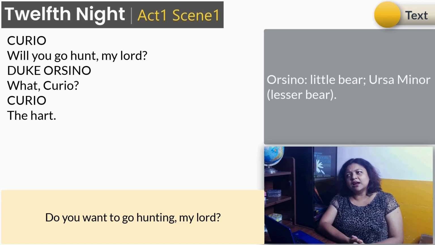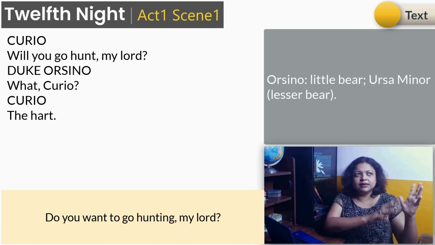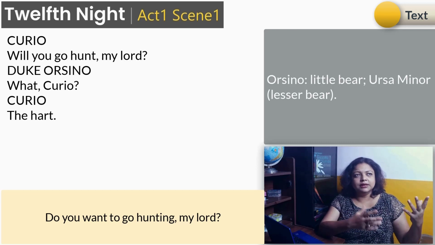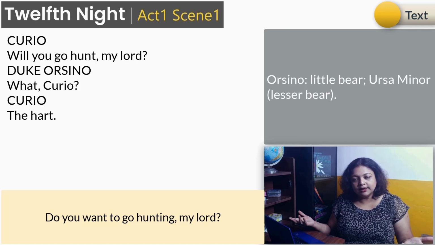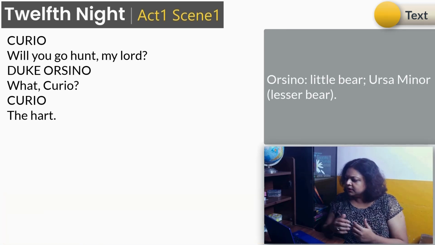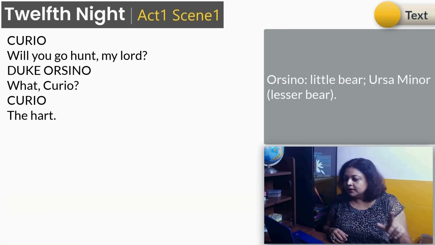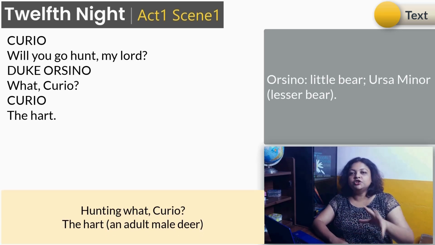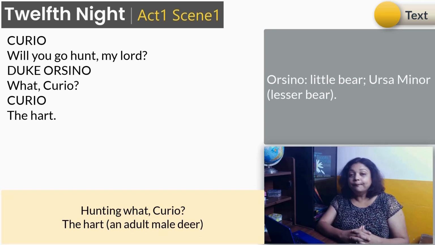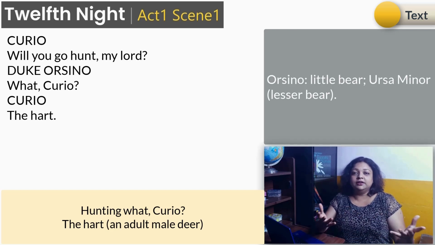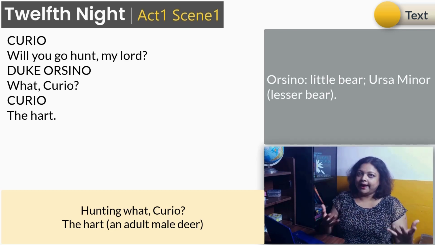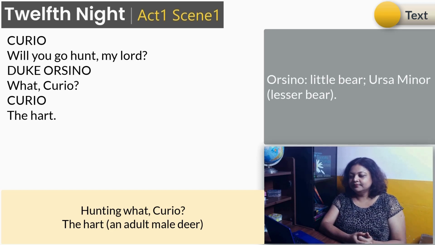Duke Orsino is absent-minded. He's thinking about his love and music and all those things, and suddenly Curio asks him, "Will you go for hunting?" So he says, "What, Curio?" "The hart?" So hart is a mature deer, a grown-up male deer, and it was considered very prestigious to kill not just any deer, but a hart, a mature stag.